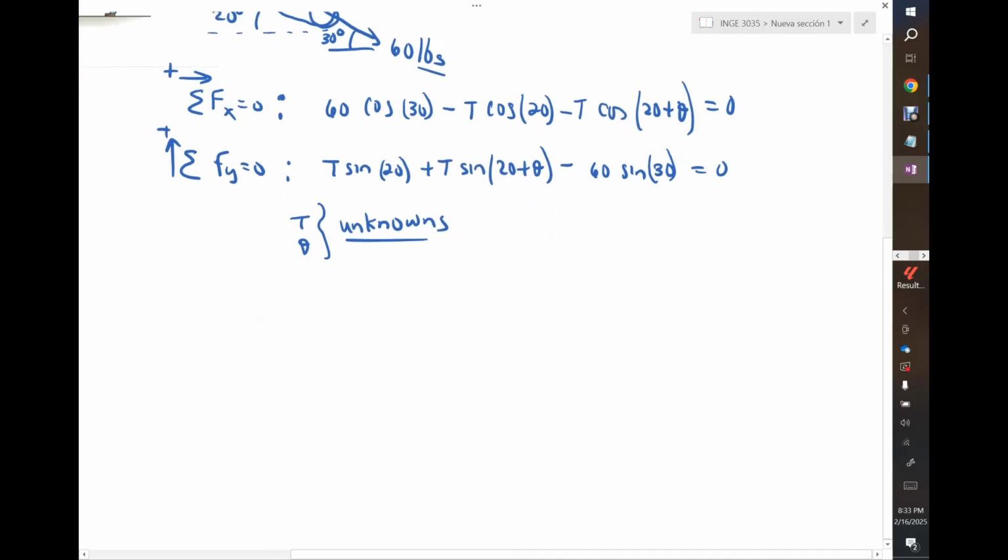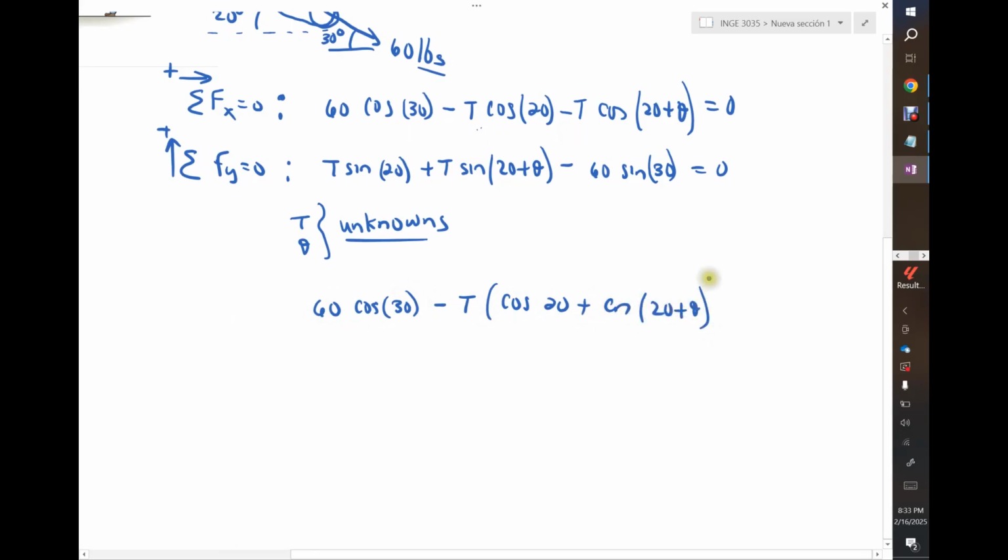So let's start. First of all, let's get the first equation and solve it for t. So that would be 60 cosine of 30 minus, now t is a common factor, so that would be cosine of 20 plus cosine of 20 plus theta.